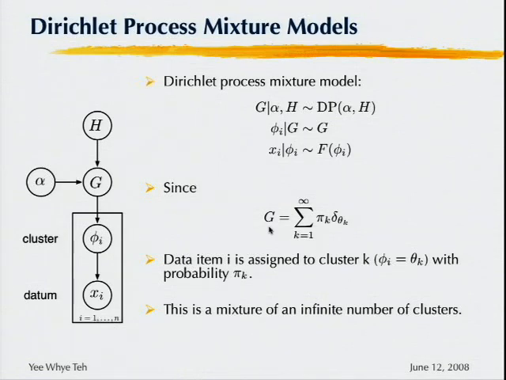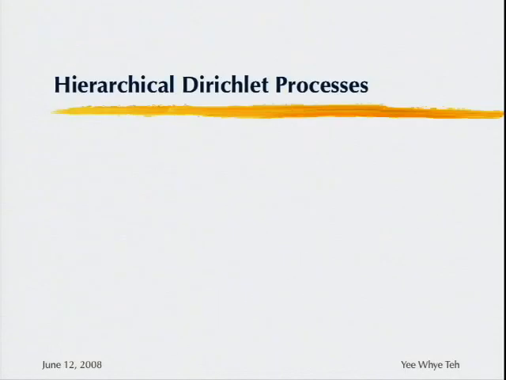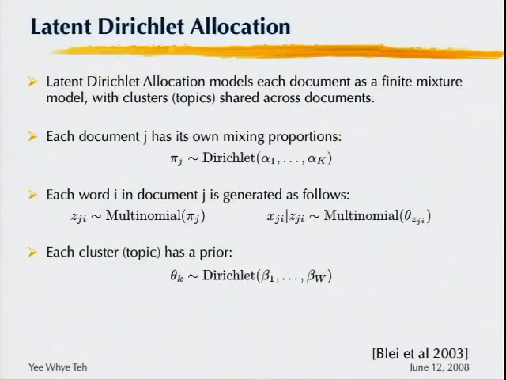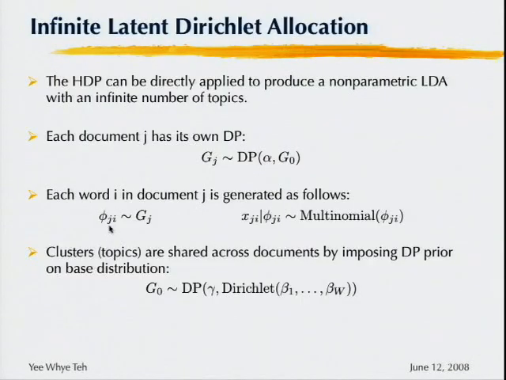So when it takes on the value of the parameter of the cluster, that's precisely what happens here. Can I ask another question? Yeah. When you give this prior and the base distribution, it looks like there's this W. Is that a parameter you have to select? Oh, that's simply the vocabulary size.